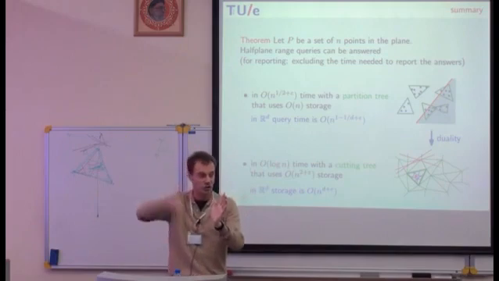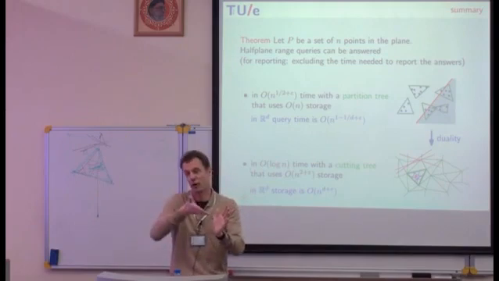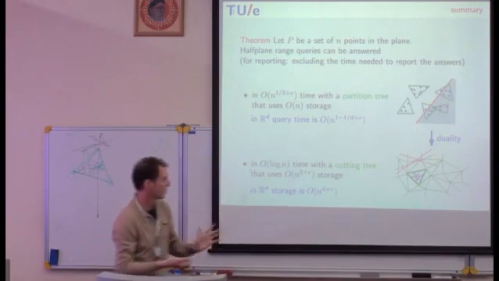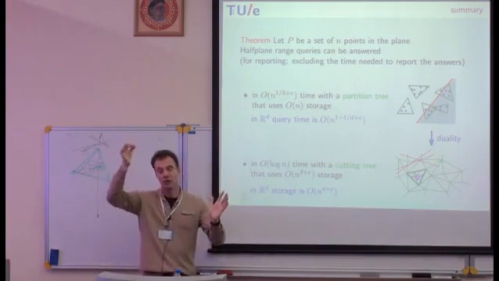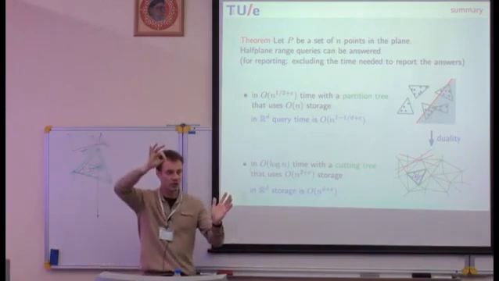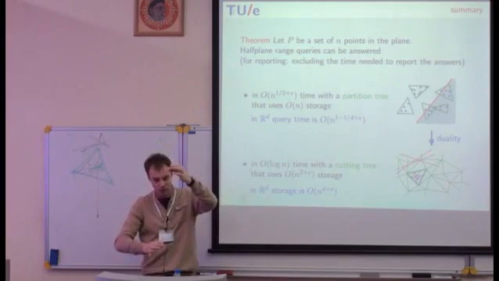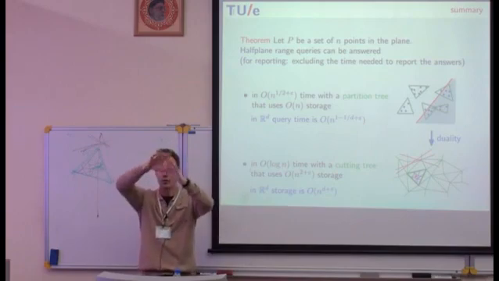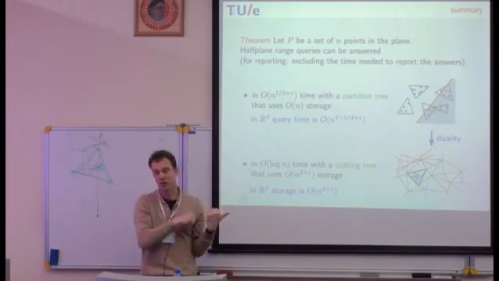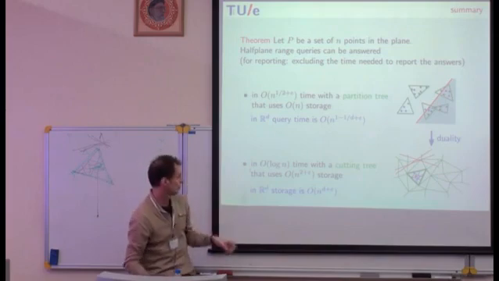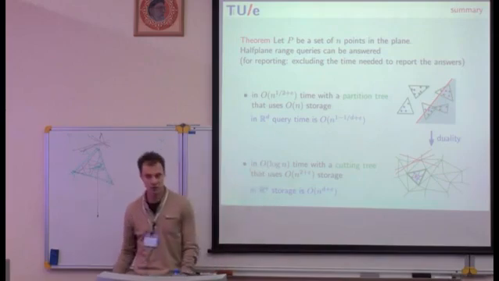Every simplex is intersected by only n divided by r planes. So that means that if you do a query, you find out in which simplex you are, you go into recursion, and since you have only n divided by r things going through, you get exactly the same recurrence for the query time. So it's still going to be log n.